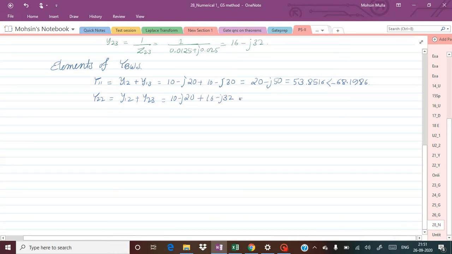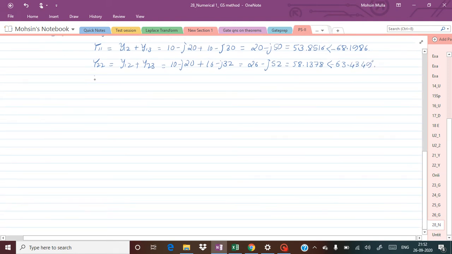Simplifying, we get 26 minus j52, which in polar form is 58.1378 at an angle of minus 63.4349 degrees. All of these are phasor values, magnitude and phase angle.